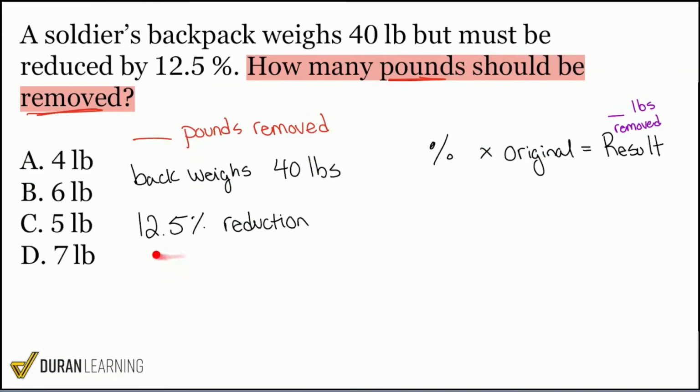Reduction, 12.5% reduction. So we're taking off 12.5%. If I write that down here, it's 12.5% being removed, which is going to give me the amount removed. So before I continue, does that make a little more sense, everybody? The percent that we're applying will represent the amount that we get.